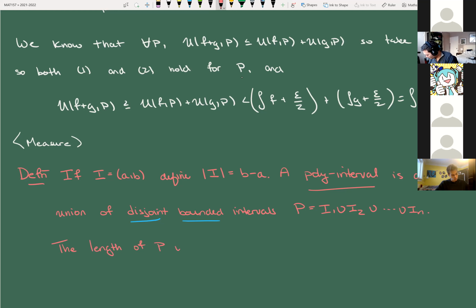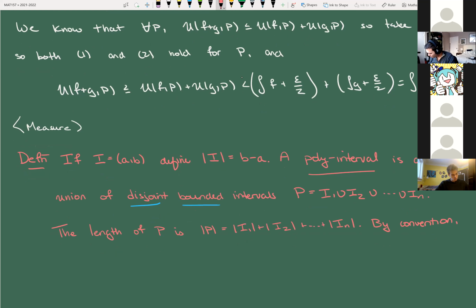The length of P is, let's just write it like this, let's not use a sum, like that. Okay. By convention, we'll say that the empty set is a polyinterval and its length is 0.